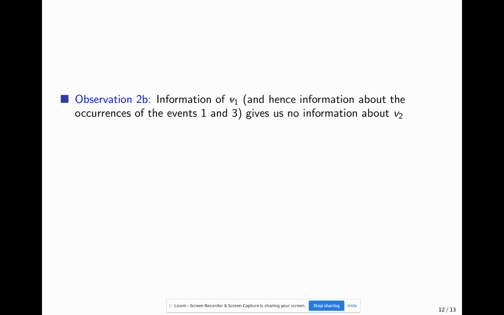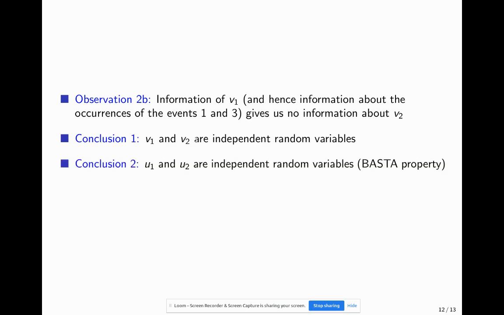Of course we can do the opposite. The information about V1 gives us no information about V2. Together with our observations, we can conclude that V1 and V2 are independent random variables. And then we use the BASTA property: Bernoulli arrivals see time averages.